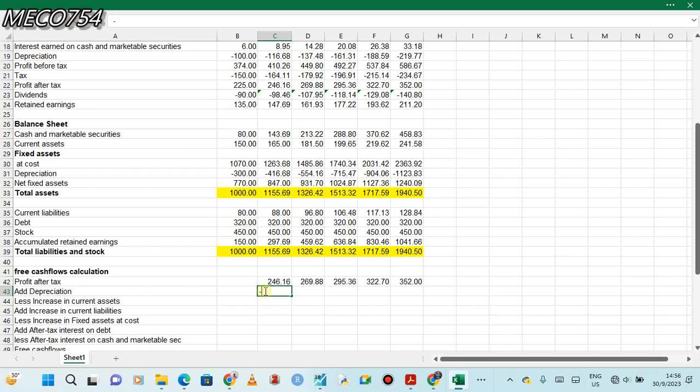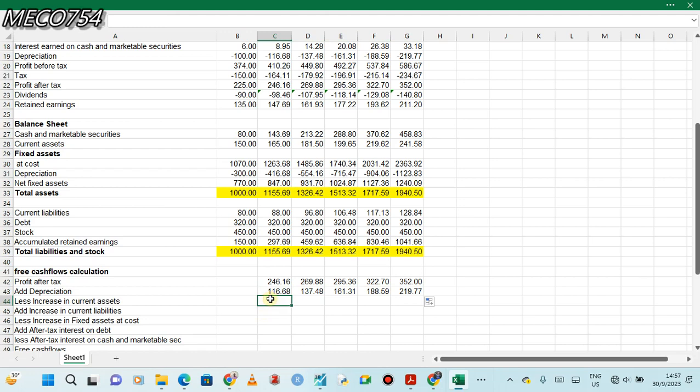Remember, we want a positive value of depreciation, and we have a negative one, so negative of a negative gives a positive. So it's equal to the negative of our depreciation. See, now we have 116 instead of negative 116. Then copy this formula. There we go.